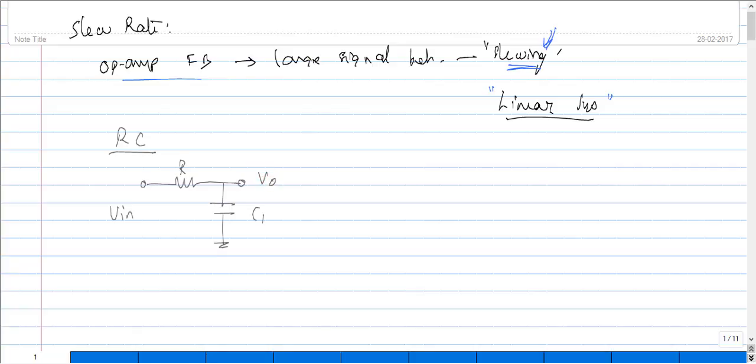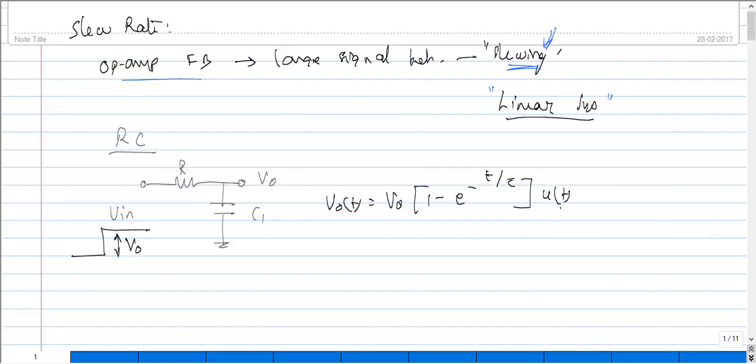The step response could be written as Vo of t, and if I assume that the input is applied with a step whose height is V0, then I can write V0 times the forced response minus the natural response. I also have to specify the U of t in order to make sure that I apply a step signal at the input.